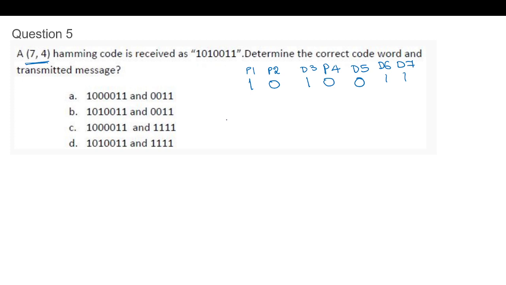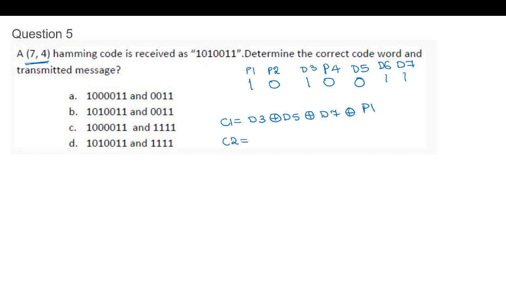So what is C1? For correcting it, we have the equation C1 is D3 XOR D5 XOR D7 and XOR with the corresponding parity bit P1.